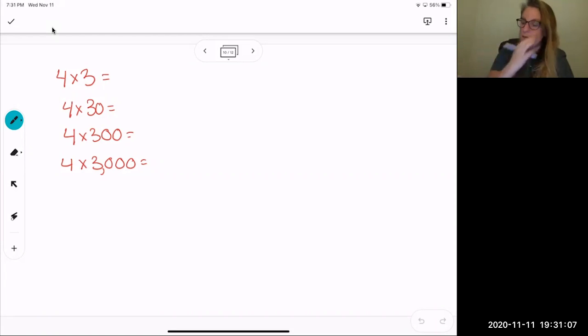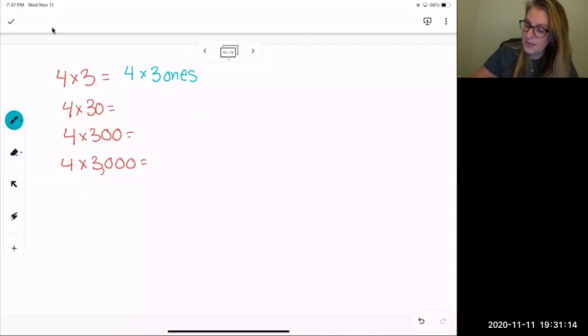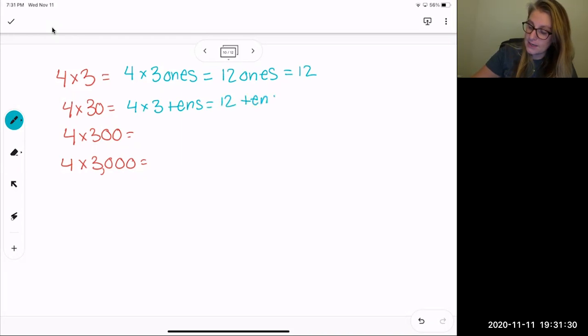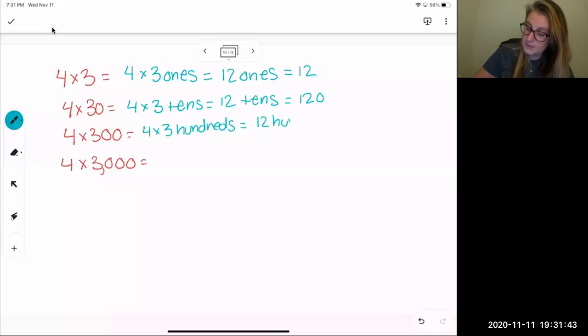Okay, so the first one is going to be 4 times 3 ones is equal to 12 ones, which is equal to 12. 4 times 3 tens is equal to 12 tens. It's equal to 120. 4 times 3 hundreds is equal to 12 hundreds.